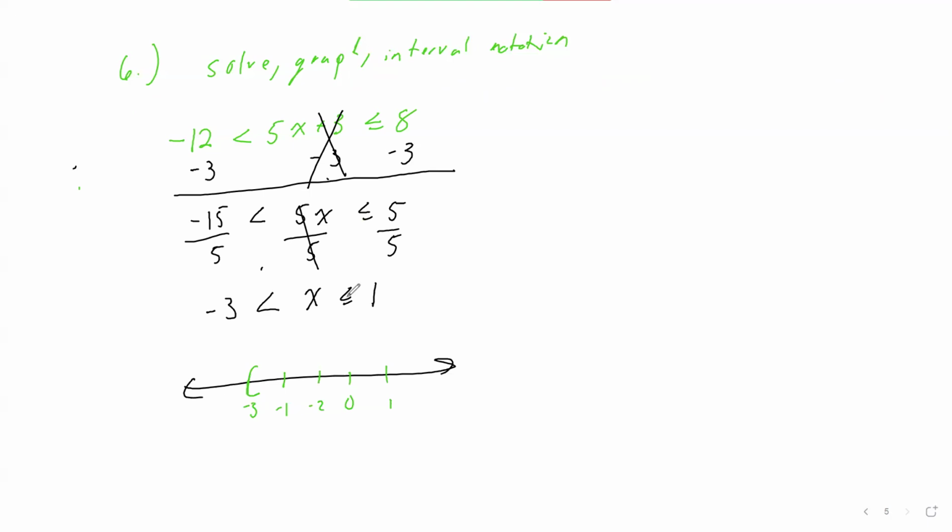And then 1 will be a bracket, so I'm going to put a bracket there. And since x is between these two things, I just shade between them. To write it in interval notation, I get a parenthesis, negative 3, comma, 1 with a bracket. So there's your solution, there's your graph, there's your interval notation.